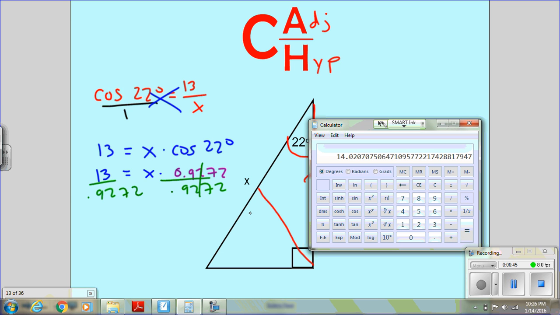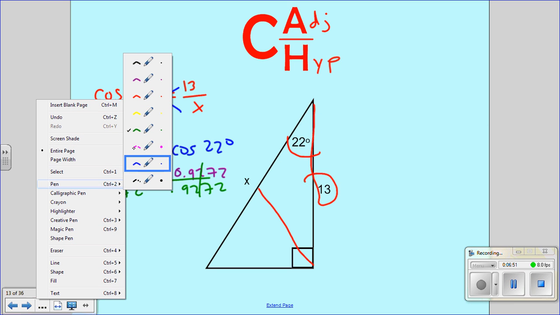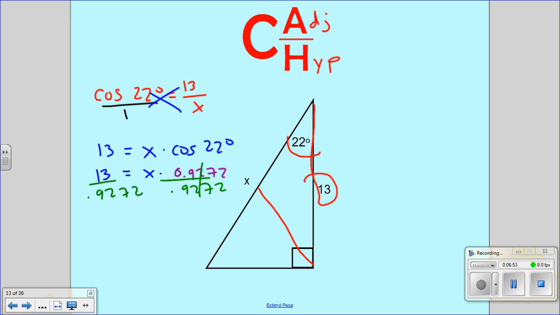And you get 14.02. That's a final answer. 14.02. Remember that. So x is equal to 14.02.